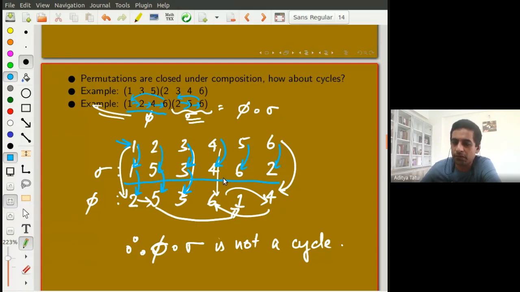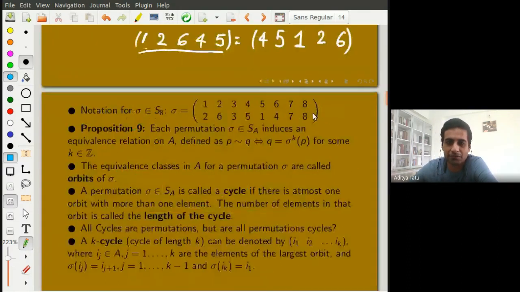So, composition of permutations. A cycle is a special kind of permutation, and this representation just reduces the space required for representing that permutation. Just think what will happen if you have to write permutations all the time in this notation. That would be too cumbersome.